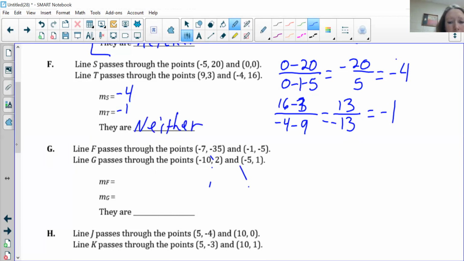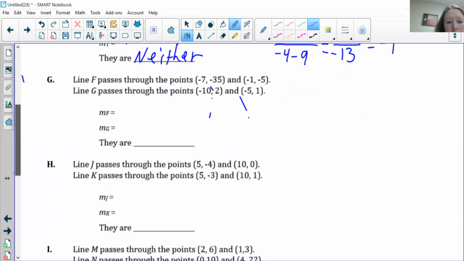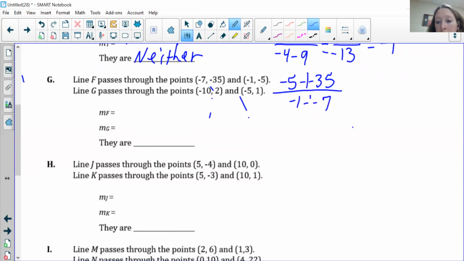All right, let's do G. Line F passes through these two points and line G passes through these two points. So negative 5 minus negative 35 over negative 1 minus negative 7. Negative 5 plus 35 is going to be positive 30. Negative 1 plus 7 is 6.